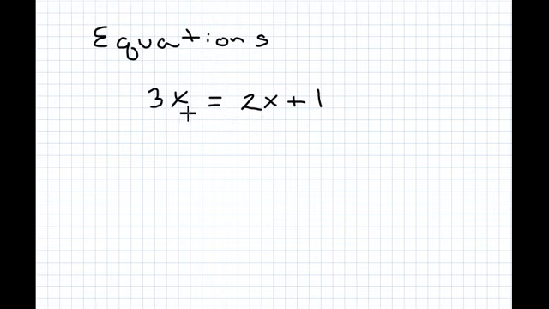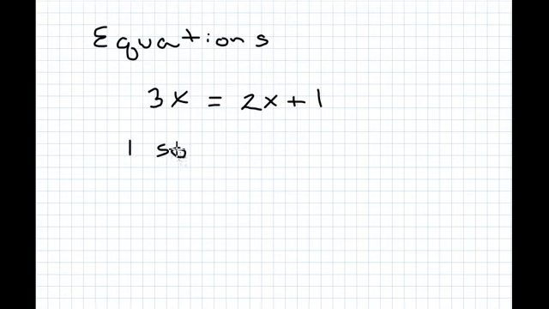And the idea here is we want to find all the values of x for which the statement is true. In other words, what can we plug in for x on this side, and plug in the same number on the right-hand side, and then both sides are going to be equal? Like for example, 6 would be equal to 6. So we could possibly have one solution.